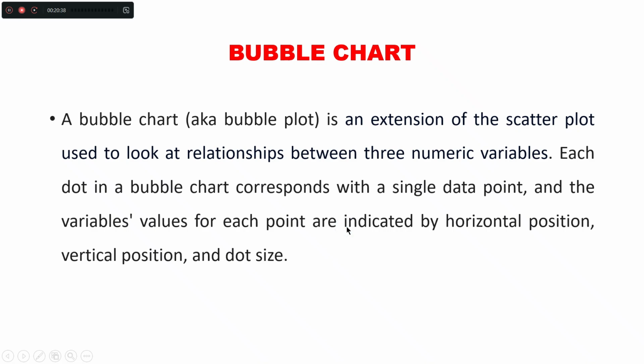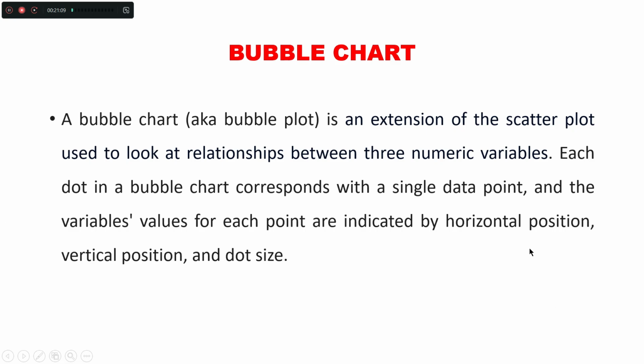The bubble chart, also known as bubble plot, is an extension of a scatter plot used to look at the relationship between three numerical variables. More than two numerical variables are presented in the form of a bubble chart. Each dot in a bubble chart corresponds with a single data point, and the variable values for each point are indicated by horizontal position, vertical position, and dot size.